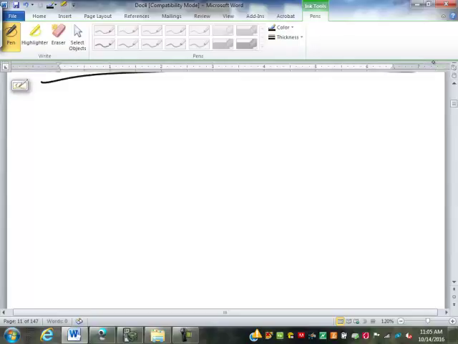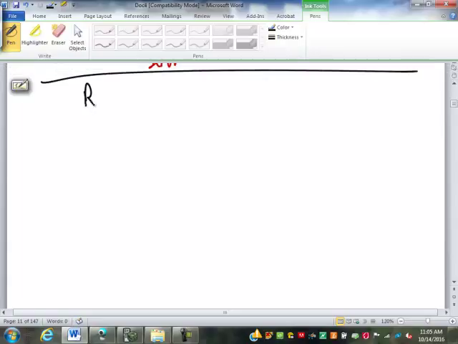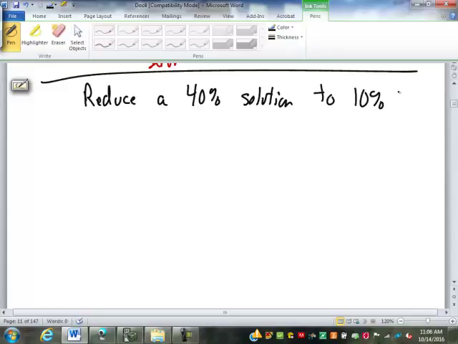So anyway, let's take a look at what if we want to reduce the concentration of a solution. So we wish to reduce a 40% solution to, oh, let's just make it easy, 10%, just by diluting it with sterile water.